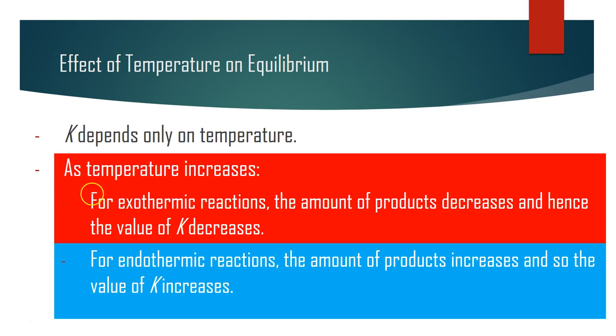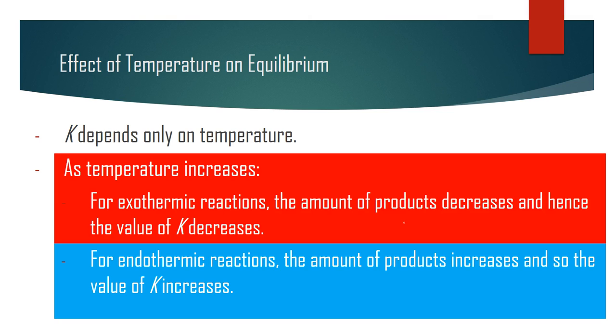If we increase temperature for an exothermic reaction, then this means that the amount of products decreases. This is because if you think about it, for an exothermic reaction, we have an excess of heat. That's going to favor the backward reaction, which we talk about with Le Chatelier's, but essentially it's going to decrease the amount of product that we have available. So for an exothermic reaction, when we increase temperature, then the value of K will decrease.